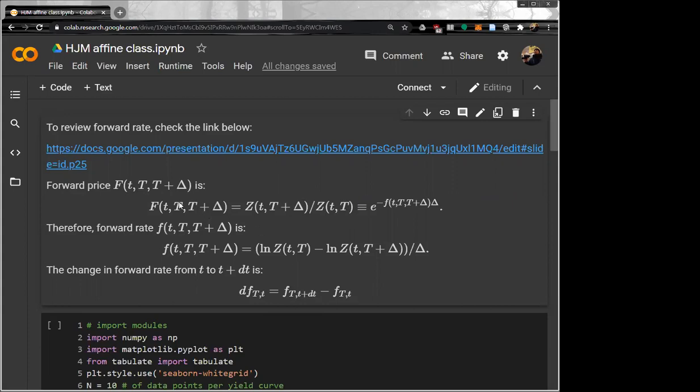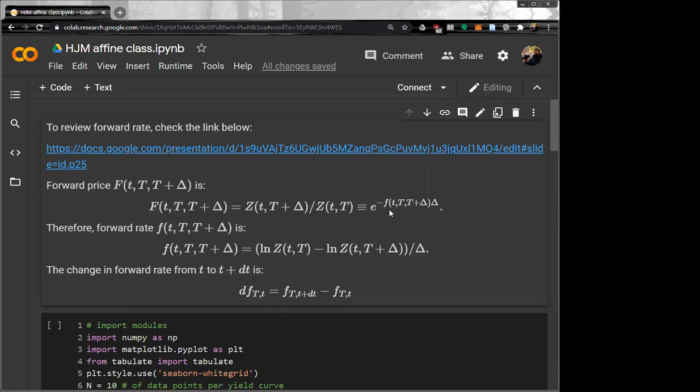And then if we use forward rate, we can express forward price as the exponential of the forward rate, and to normalize time, we multiply by delta, the time difference, because we want to annualize. Using these last two parts, we can solve for the forward rate small f.